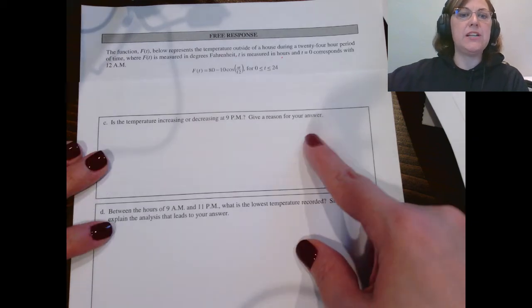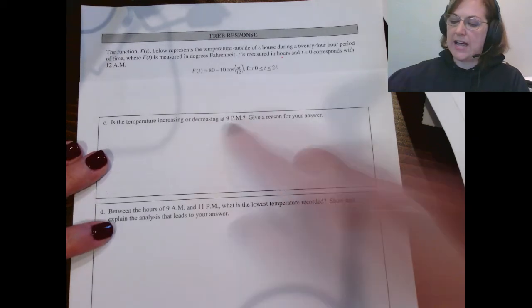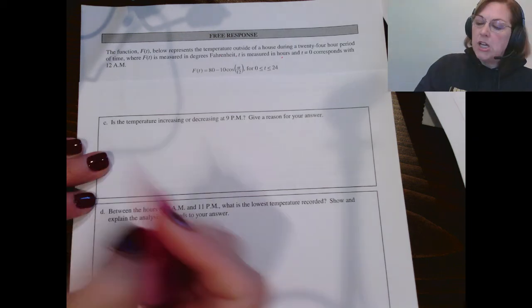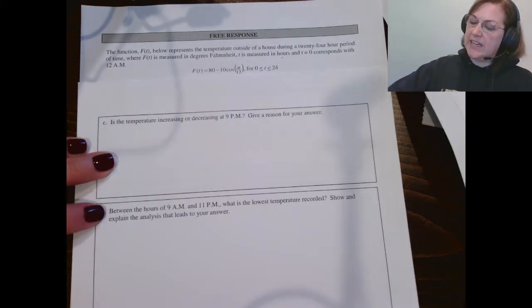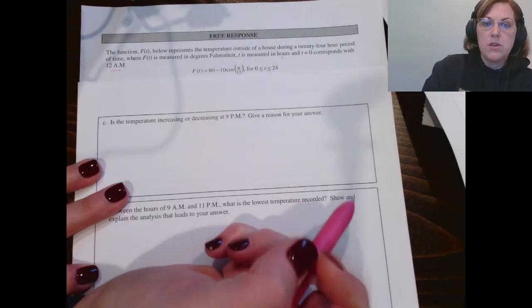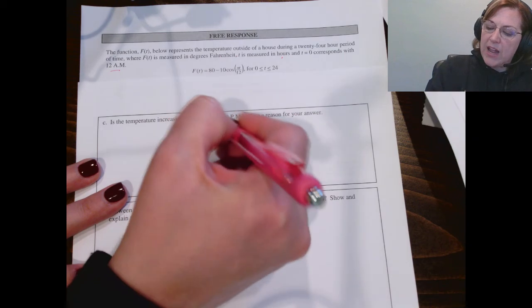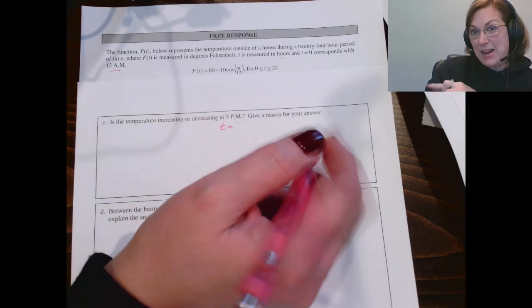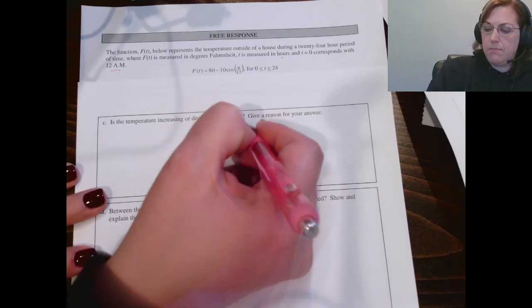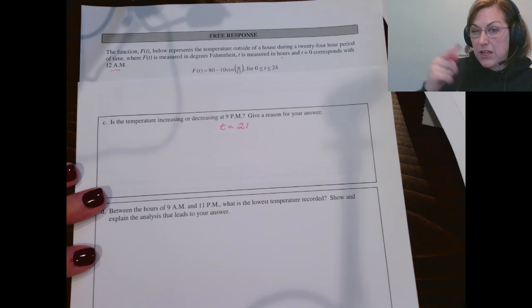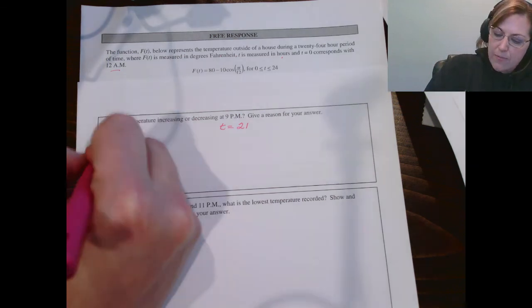Is the temperature increasing or decreasing at 9 p.m.? Now remember, we were told t equals 0 represents 12 a.m. So 9 p.m. would have to be t equals, 12 hours would get us to noon, and then 9 more hours would be 21. So I need to know, is the derivative when t is 21 positive or negative?